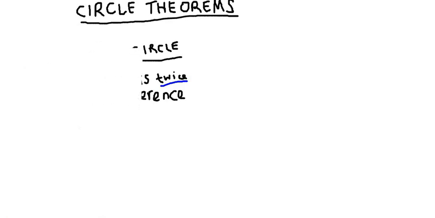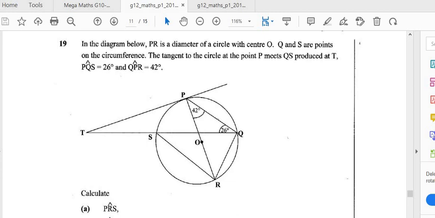So before we look at the 2 theorems, theorem number 6 and theorem number 7, which are based on the cyclic quadrilateral, we are going to look at an example or 2 on what we have covered so far.